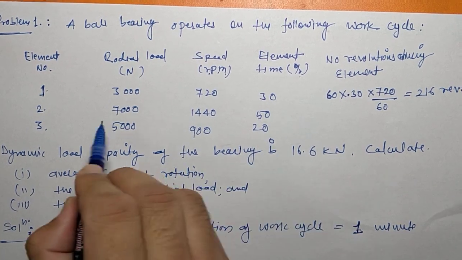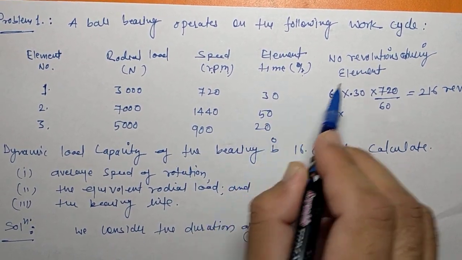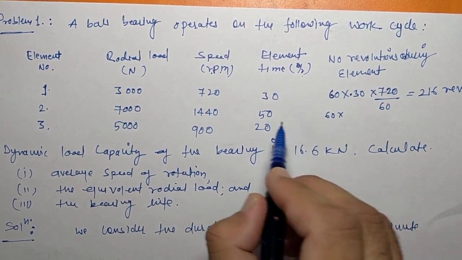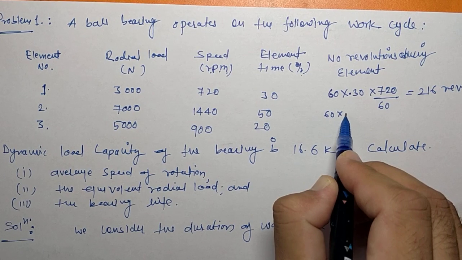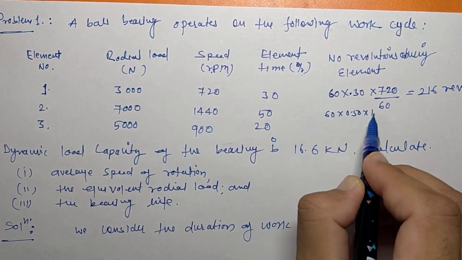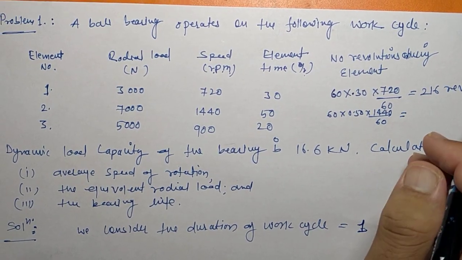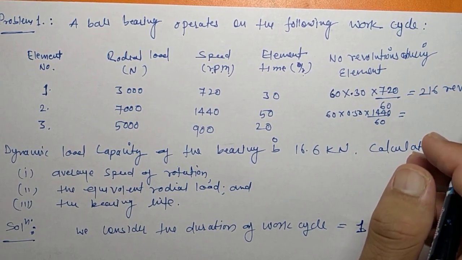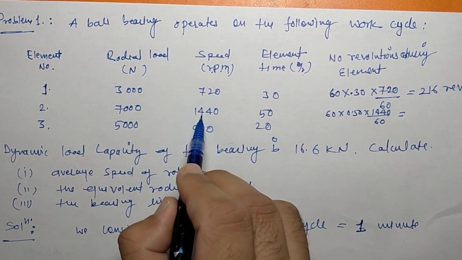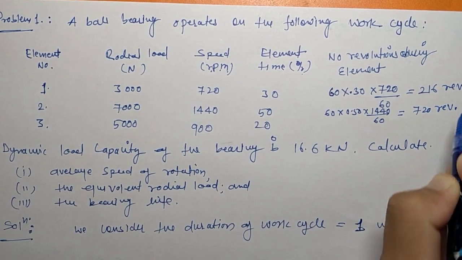Similarly, the second element is 50% of 1 minute, because we assumed the work cycle as 1 minute. So 60 seconds multiplied by 50% multiplied by 1440 divided by 60 becomes 720 revolutions.